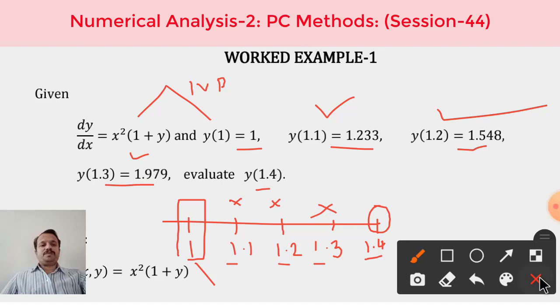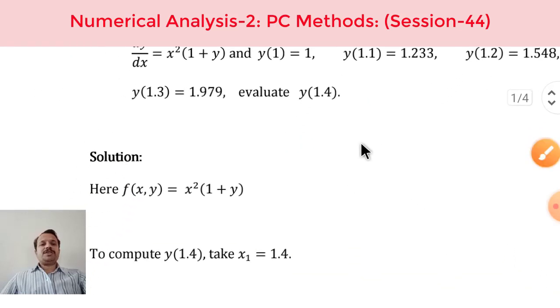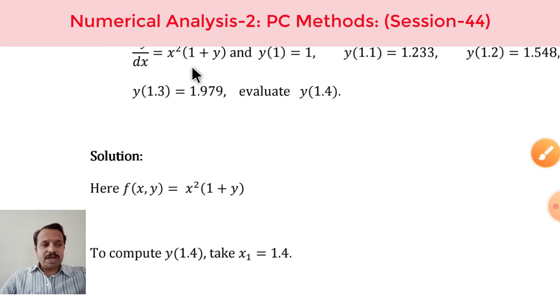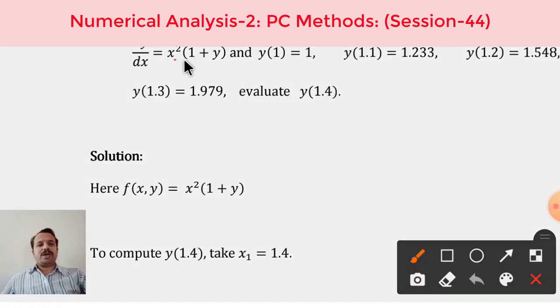Now let us move on. So here the first job is to consider whatever RHS is there, and we have to take it as f of x comma y. So f of x comma y is the given RHS, that is x square plus y square. And to compute y at 1.4, let us gather the information.